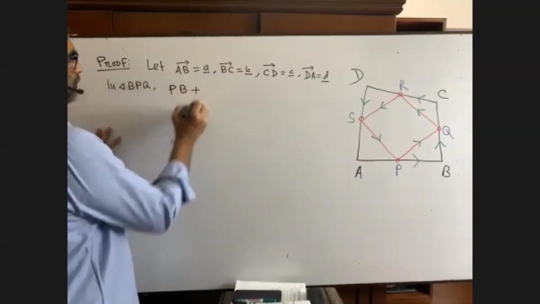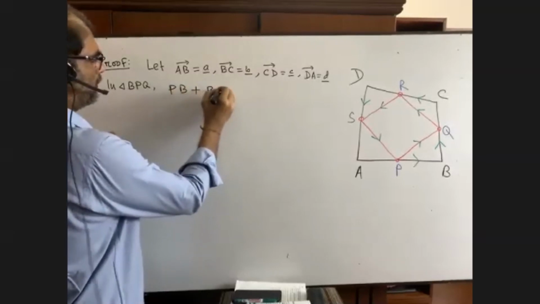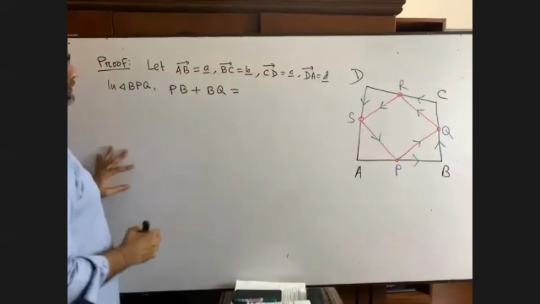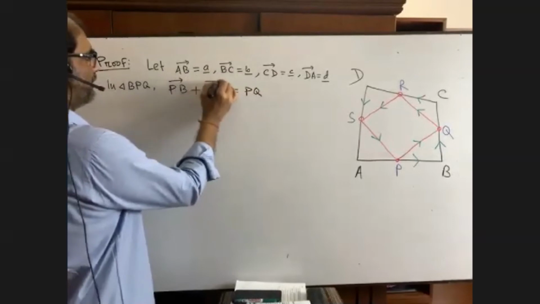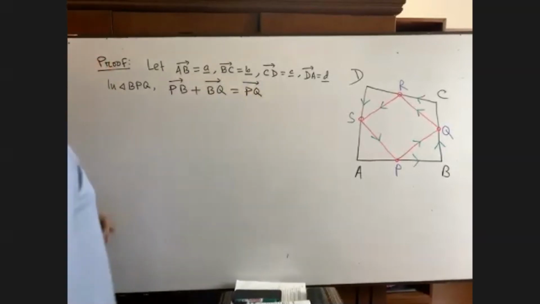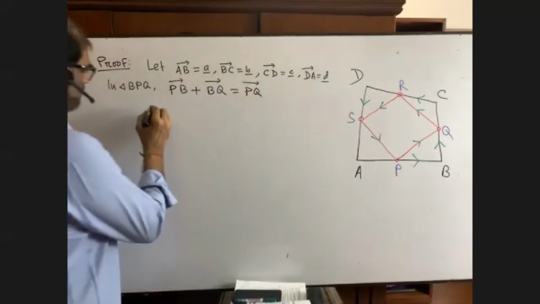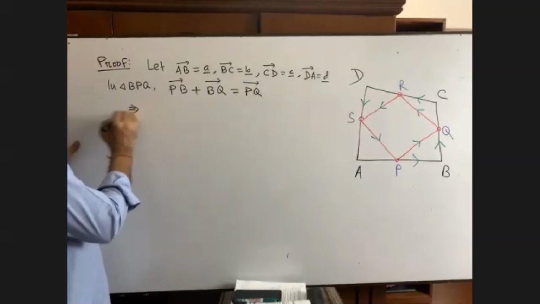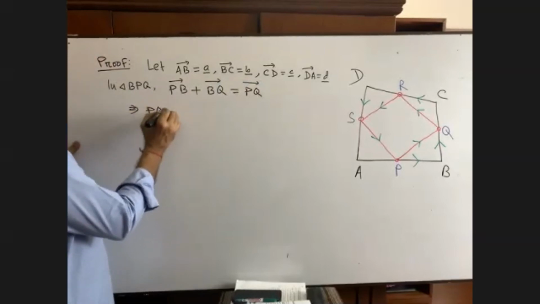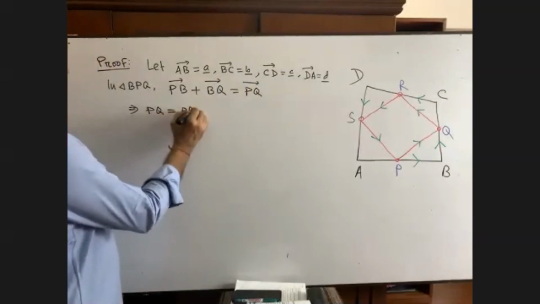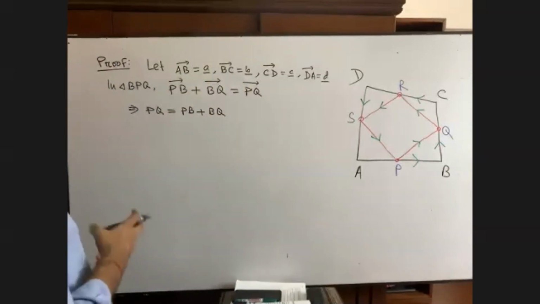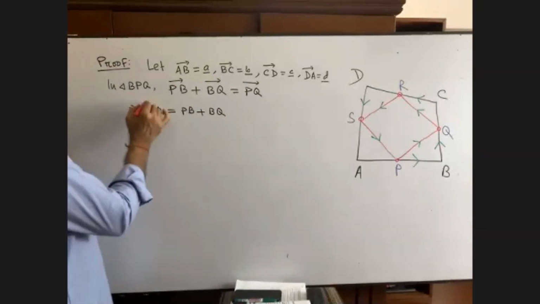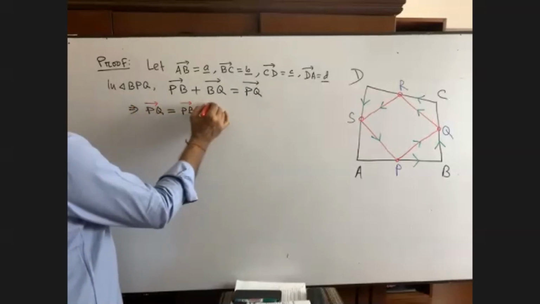Give vector sign here. From here, we can write down PQ equals PB plus BQ. Please talk to me. Yes, sir. Vector sign, vector sign, vector sign.